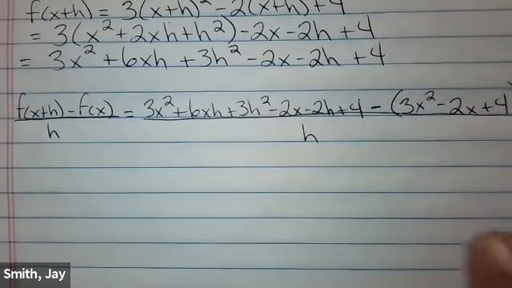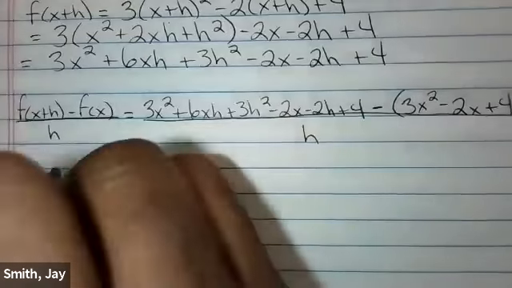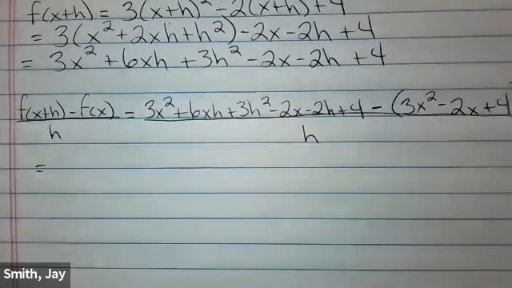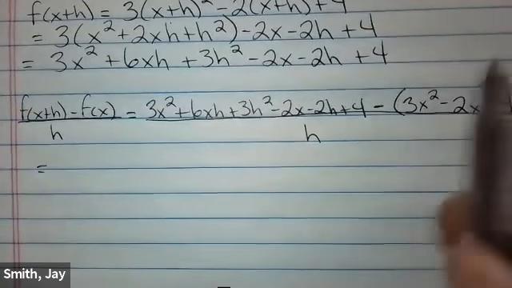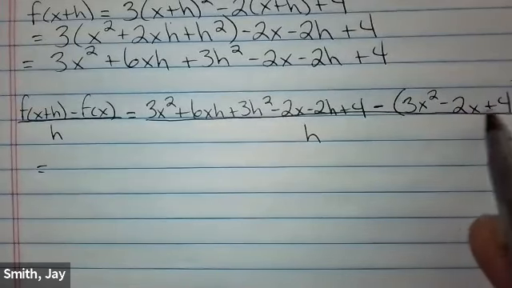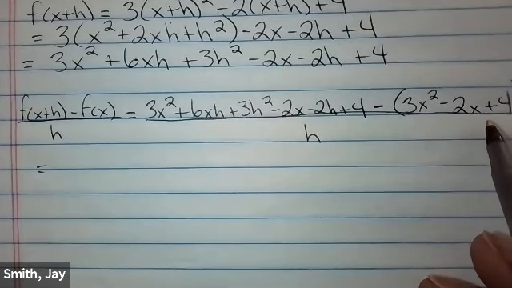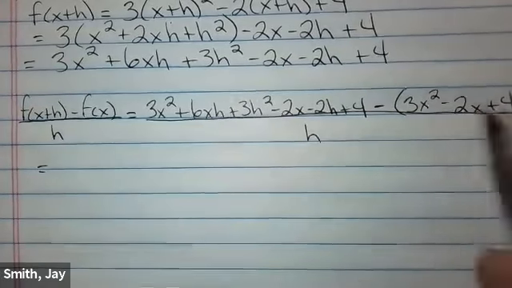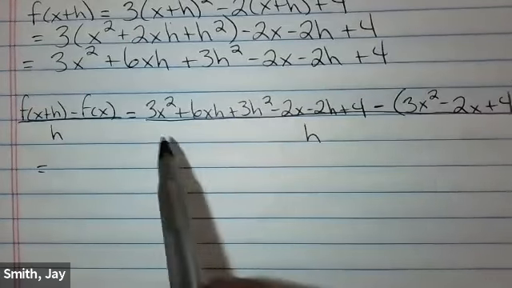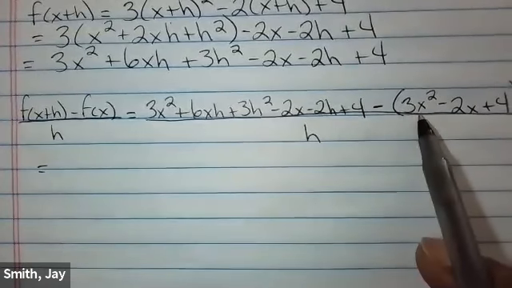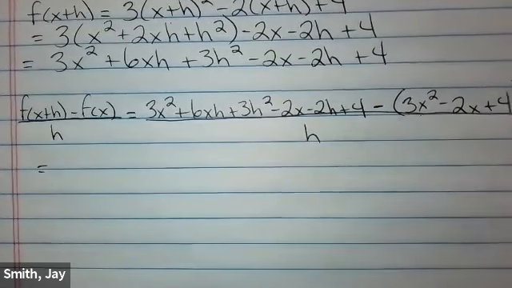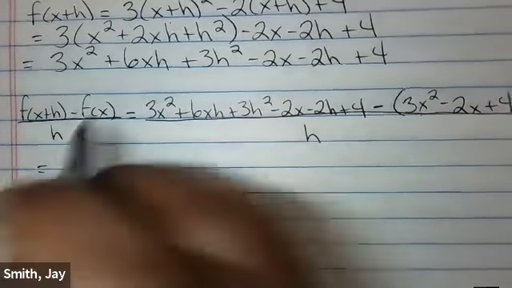Now, I didn't do this in the last problem, but it may help. The only reason I typically skip this step is because it becomes a lot of tedious work. Once again, if you can remember that everything in here signs change, then you essentially can cancel out anything that's the same. Like 3x squared, essentially we're subtracting 3x squared from it, so those will cancel. But there are some that would benefit from rewriting this.